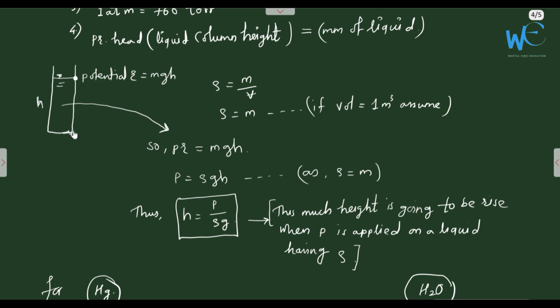If this is one tube, at surface area, we take one energy present, which is potential energy, equal to mgh. We know already density. Density is nothing but mass per unit volume.